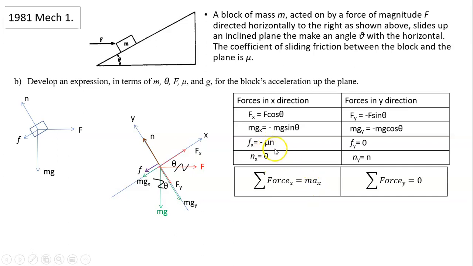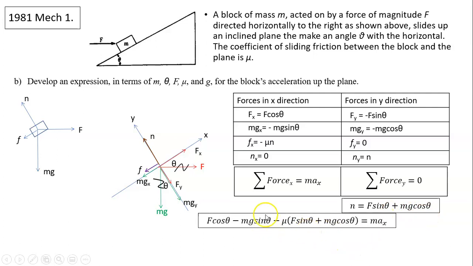The problem is we know F, theta, m and g, but we don't know n. So in order to find n, we have to look at the y direction. Since all the force in the y direction equals 0, we can solve for n: negative F sine theta minus mg cosine theta plus n equals 0. We solve n equals F sine theta plus mg cosine theta.